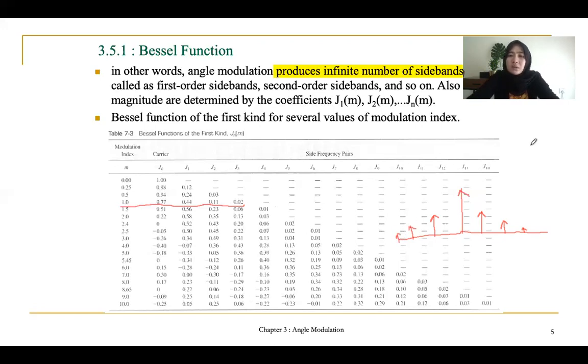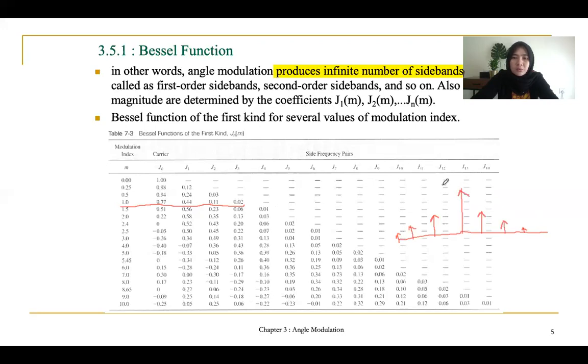Okay, so the amplitude of this carrier is 0.77, and the amplitude of this side frequency is 0.44. This one is 0.11, and this is 0.02.